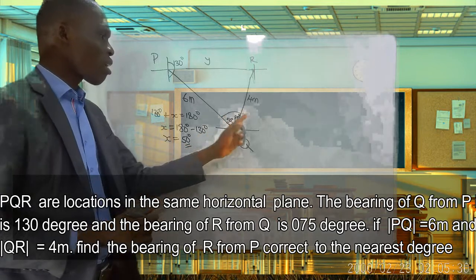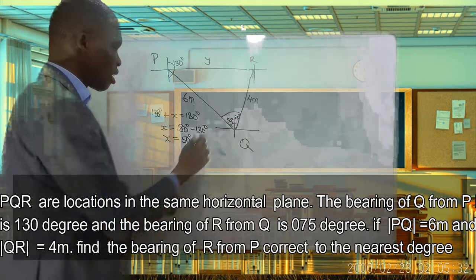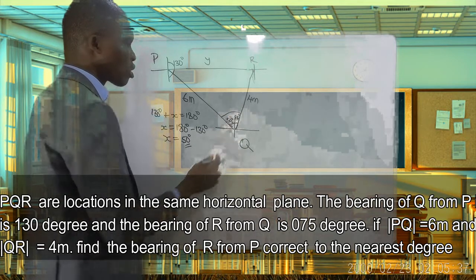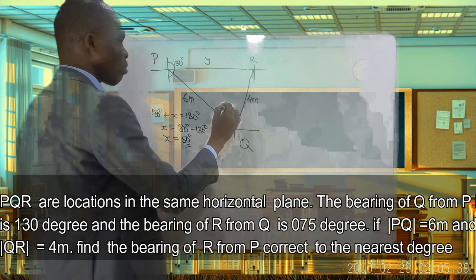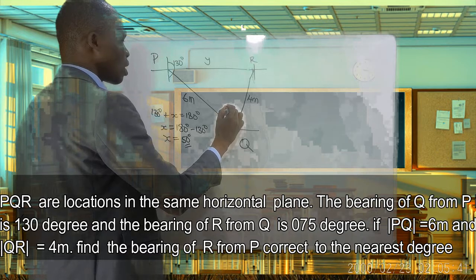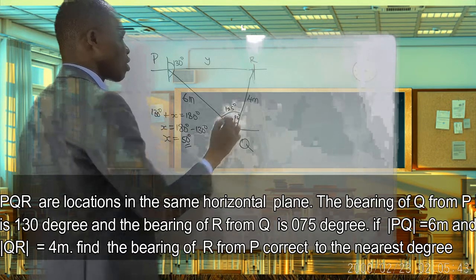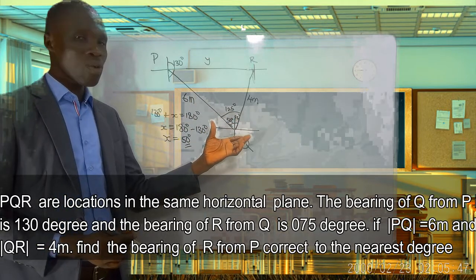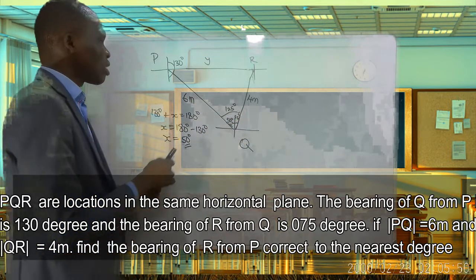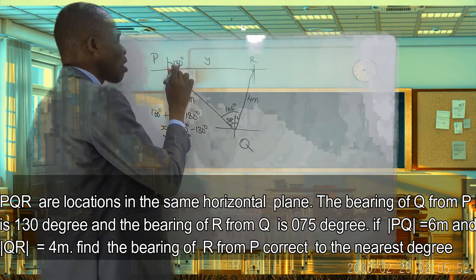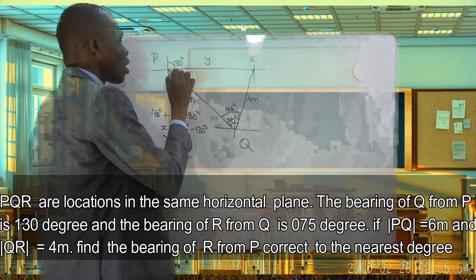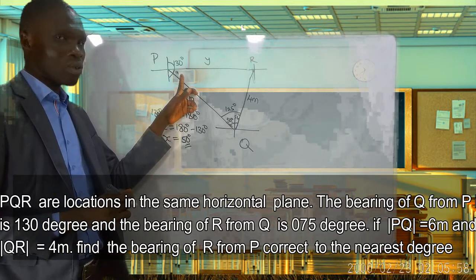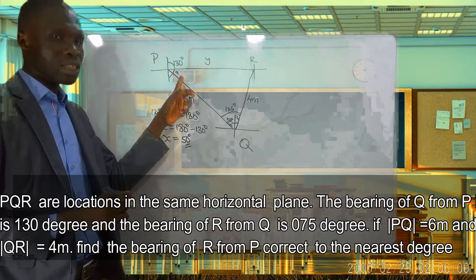To get this angle, you are going to add them together. 50 plus 75 will give us 125 degrees. So that means we already know what this angle is. Now let's call this angle Q. We don't know this side, and we still want to find it.